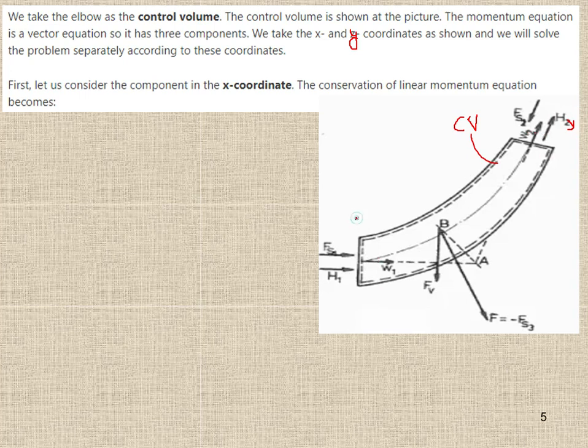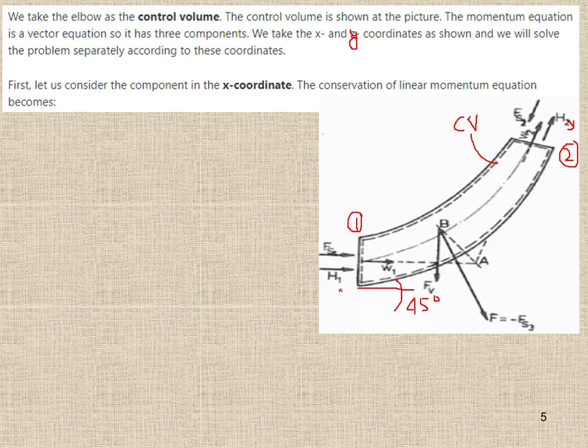So this is cross section 1, and this is cross section 2. This angle which is given is 45 degrees.